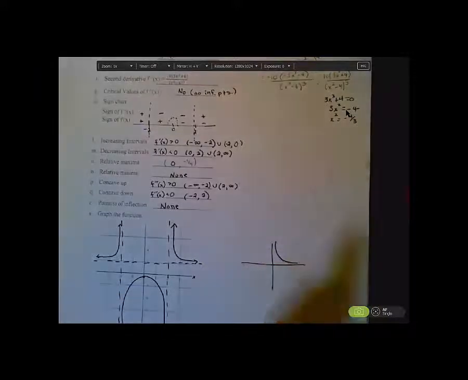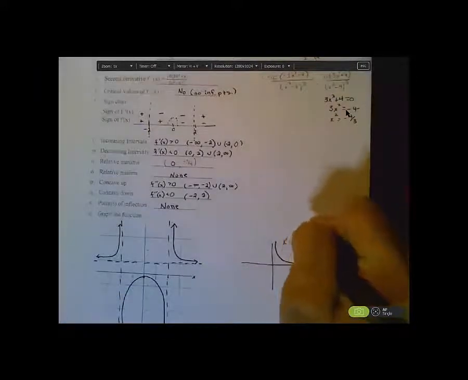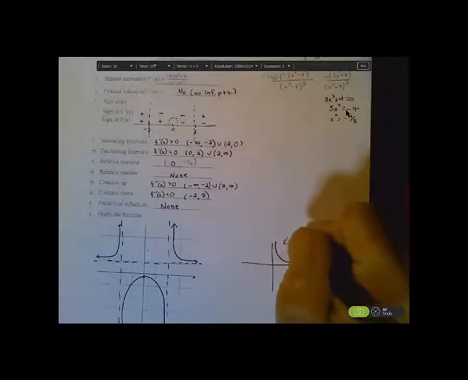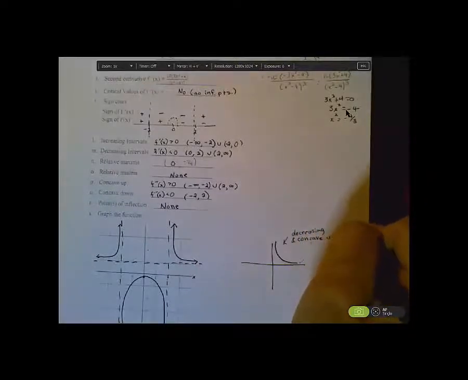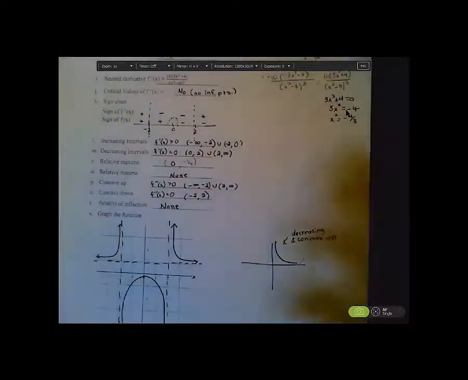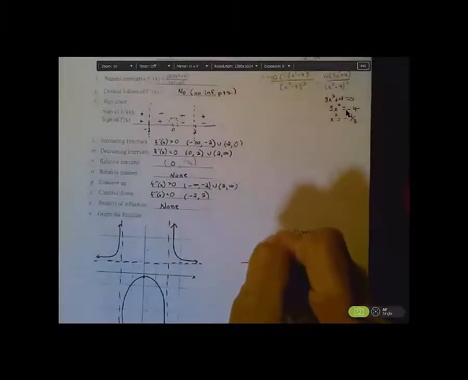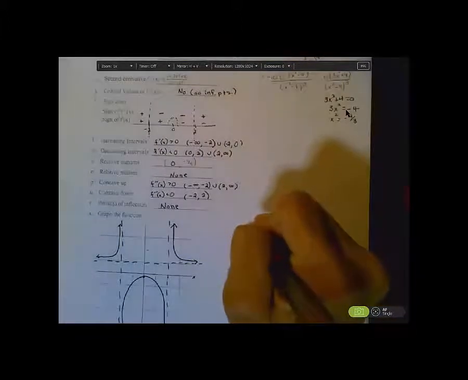So that little piece of the graph is decreasing and concave up. This piece of the graph is increasing and concave up.